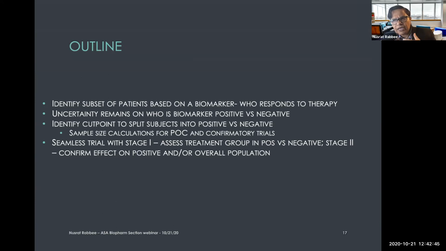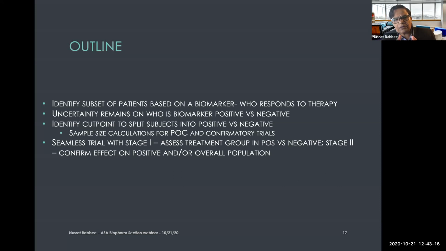So we have to identify a cut point or a threshold between positive versus negative. And we also have to do sample size calculations for either proof of concept or confirmatory trials with a biomarker that has positive and negative subgroups.